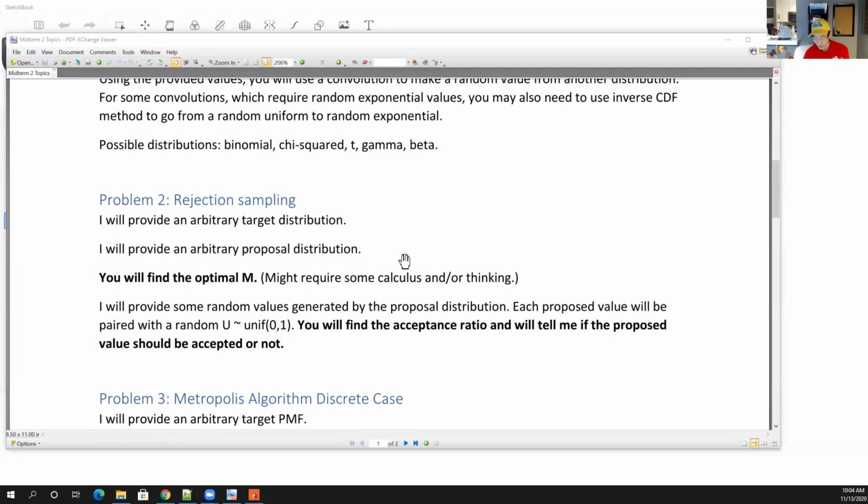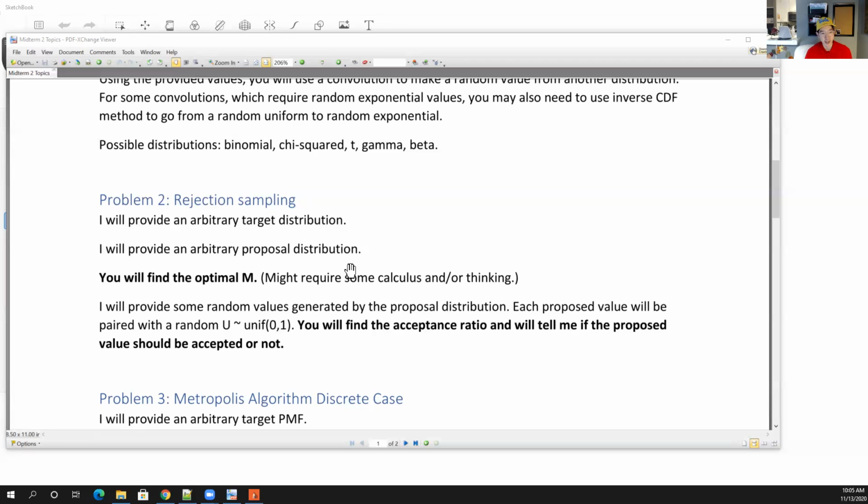And based on that, you need to find the optimal M. That'll probably require a bit of calculus or thinking about the functions that I've provided here. I'm not going to try to be super mean about it, but be prepared for a little bit of math work there.